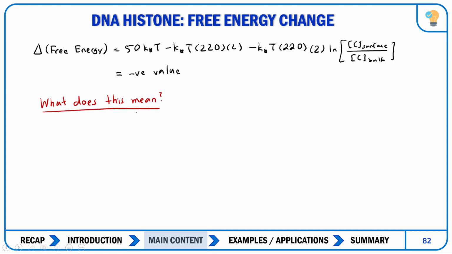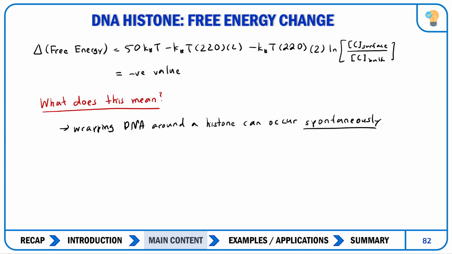So what does this mean? We have a negative free energy change. This tells us that wrapping DNA around a histone can occur spontaneously. And that's absolutely crucial.